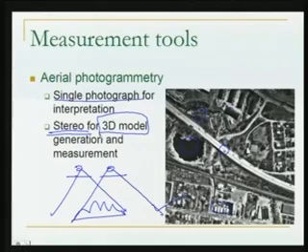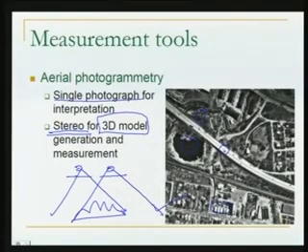Now, once we can generate a three-dimensional model of the ground, what is the meaning of that? The meaning of that is you can now start measuring on that 3D model various things. You can measure the distances, you can measure the coordinates, you can measure the angles. So with the help of the photograph, as we are looking here, we can measure the XYZ coordinates, we can identify the things, so we can get all the geoinformation that we need.